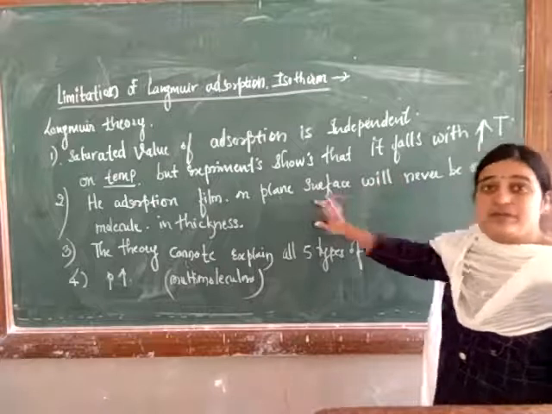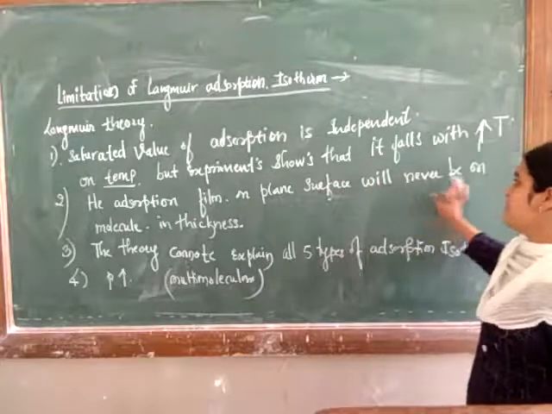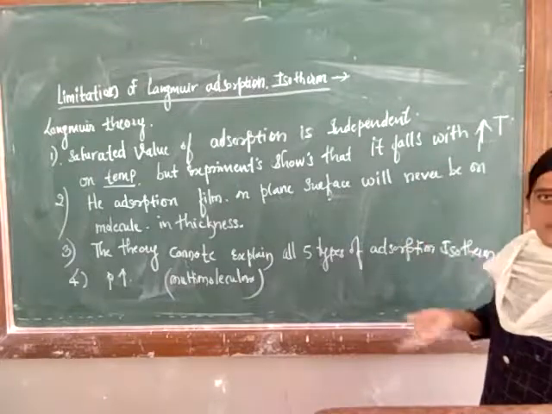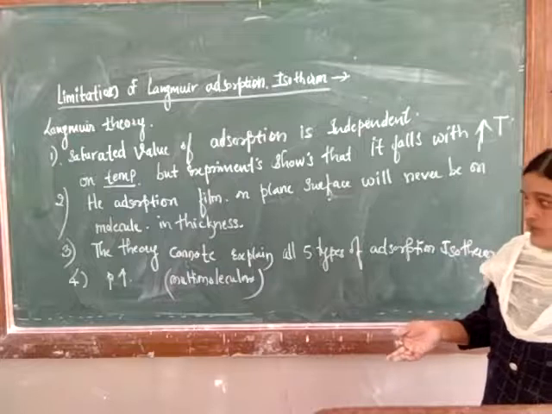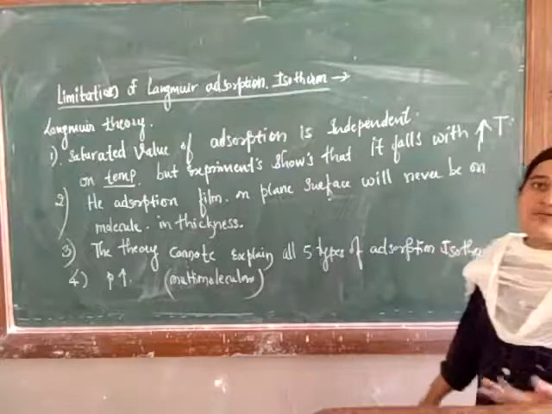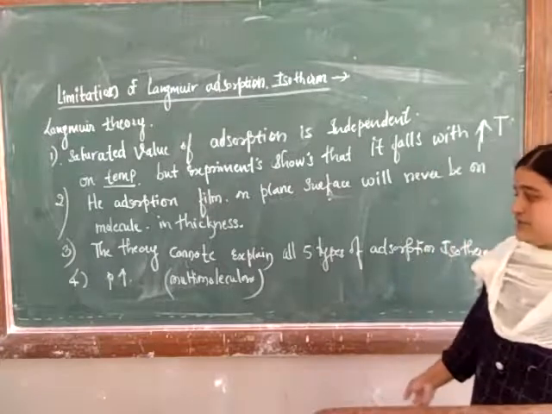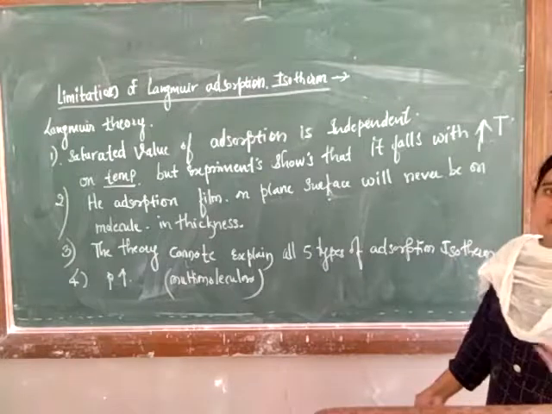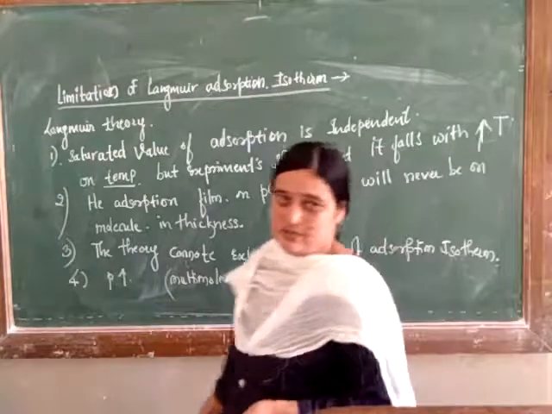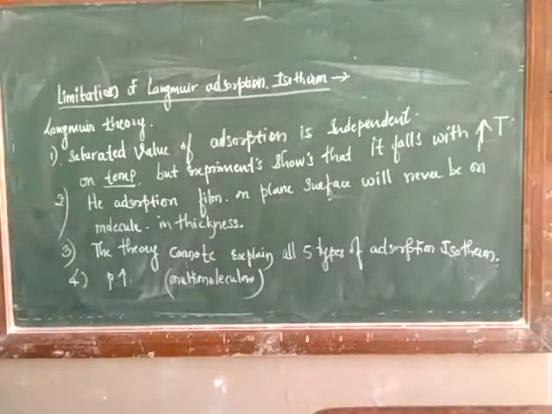Next, he said the adsorption film on the plane surface will never be on the molecule, but experiment shows it is present on the molecule, maybe when a multilayer forms. Then the theory cannot explain all 5 types of isotherm. Fourth, when you increase the pressure, a multimolecular layer may form instead of only a unimolecular layer. This is about the limitations of the Langmuir adsorption isotherm.